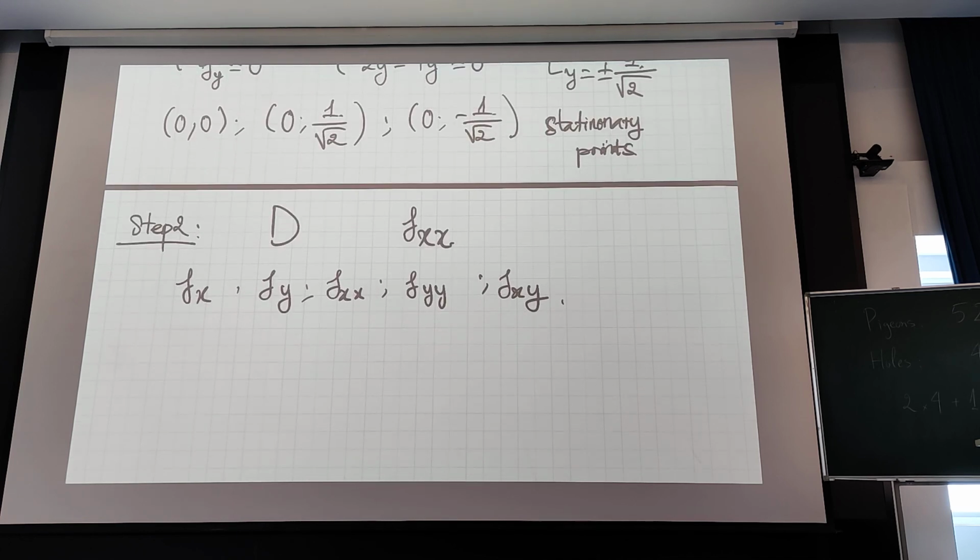Okay, so let's see. We have fx equal to minus 2x and fy equal to 2y minus 4y cubed.